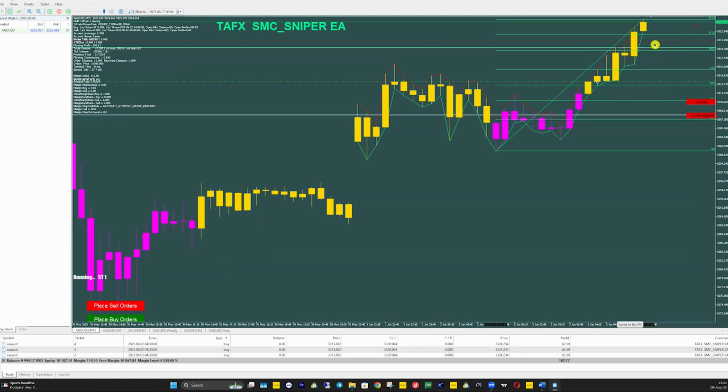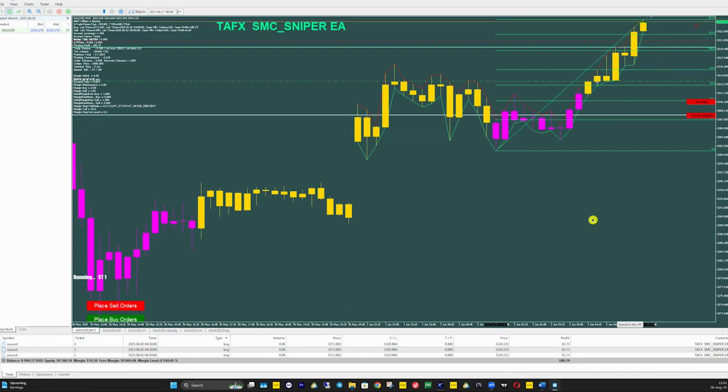You can see how professional scalping will be when using this SMC Sniper or even our Renko Sniper. So you can see immediately when the market level 61 crosses our level 50, our entry point, this is when our stop loss comes to level 161. You can see the lot size is very small, 0.06, and it has already given us $187.